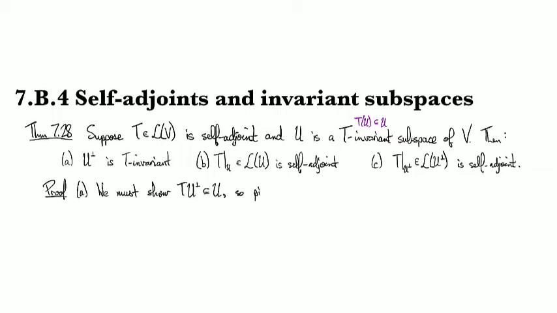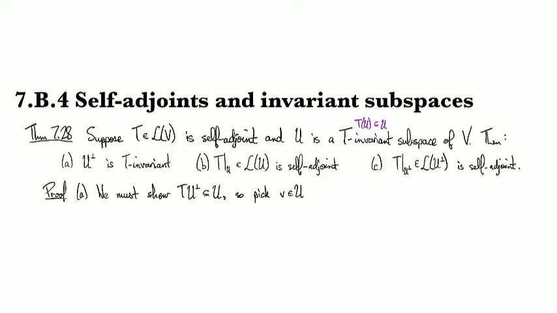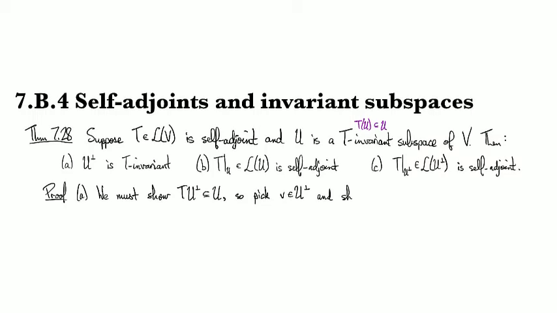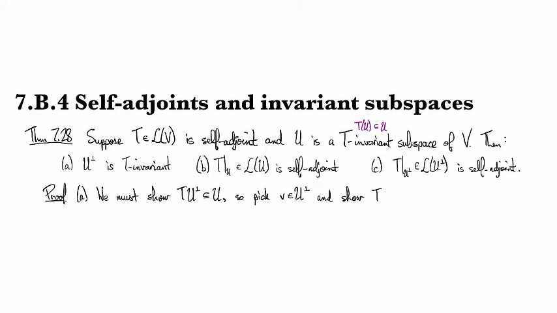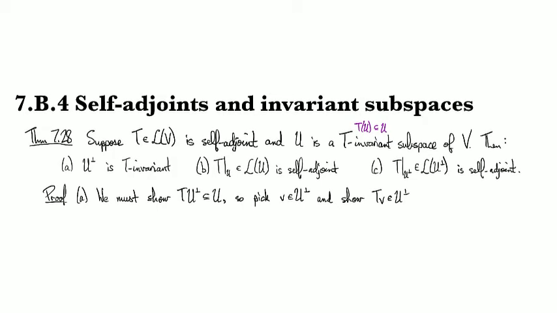So pick something from U perp and check that its image is in the right place. We're going to pick v from U perp and show that its image is back in U perp.